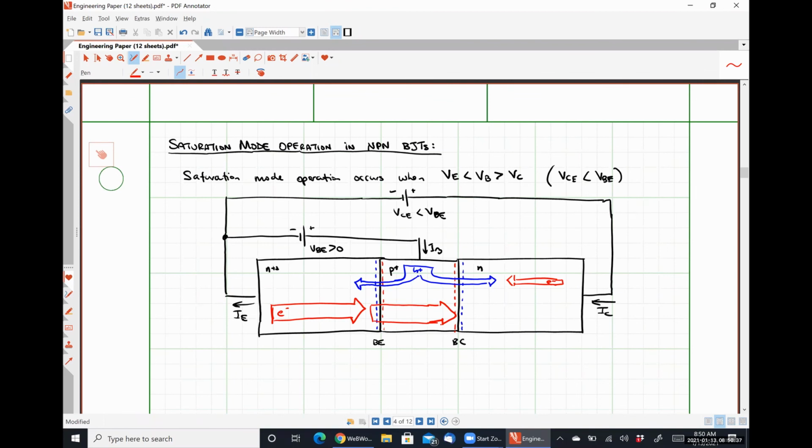Defined as the ratio of IC to IB. Well, our collector current is going down and our base current is going up because it's having to supply more holes to both junctions. So we see that beta degenerates in saturation region operation. And the closer that VCE gets to be VBE, the more and more current we have.